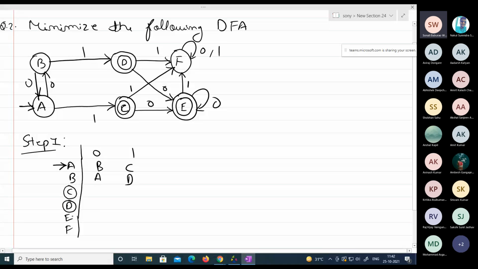E is also the final state, so I'll circle that also. And then I'm going to write all the values of C, D, and E. Write it down, guys. These are all the values. Again, E, F, and then over here, F on 0 is F, F on 1 is F. Is this clear? This is your step number 1.